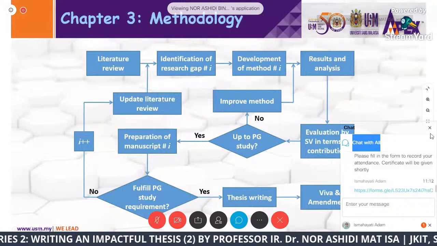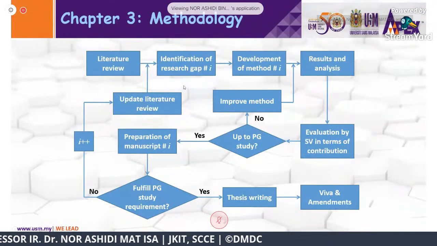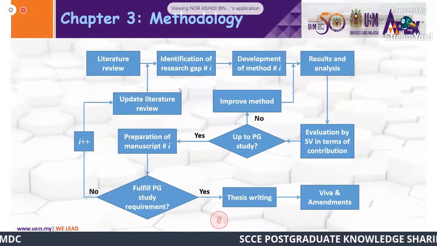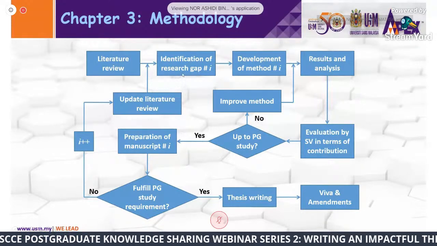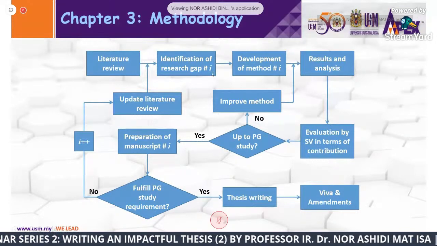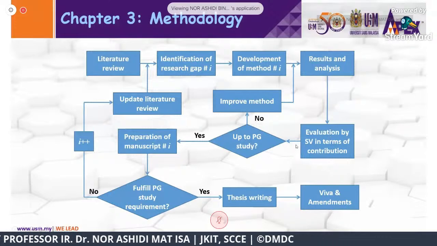So now it's time for you to update the literature review. Otherwise, I'm afraid that your second research gap will be outdated. So you update the literature review and make sure that your second research gap is still relevant. If not, then you need to revise your research gap. So do the same process. Okay, so these are the processes.